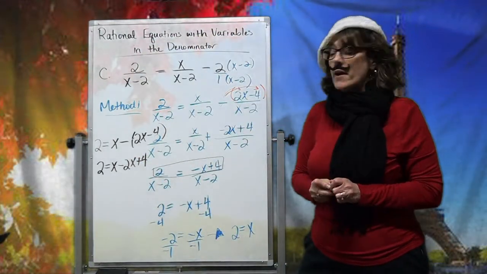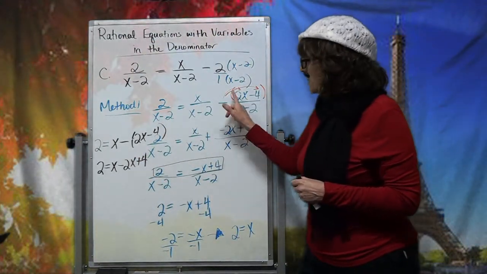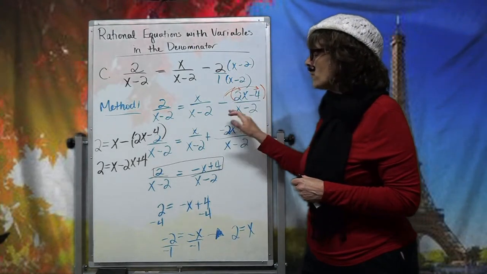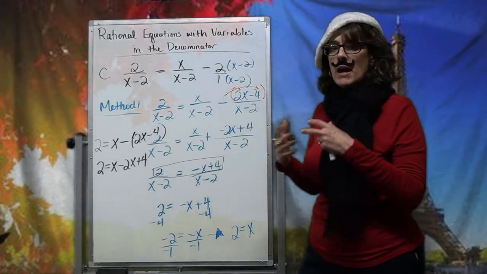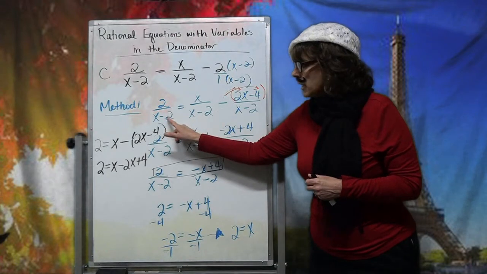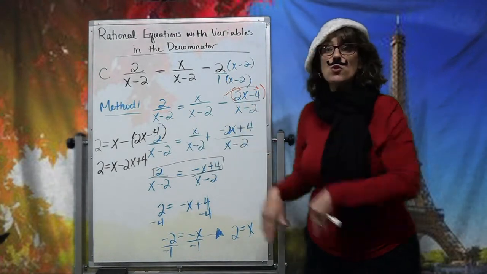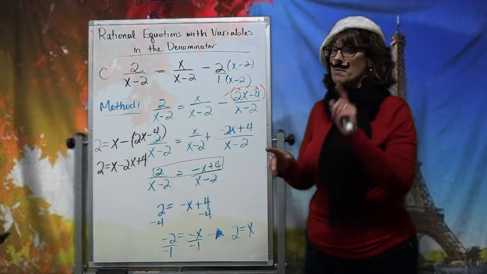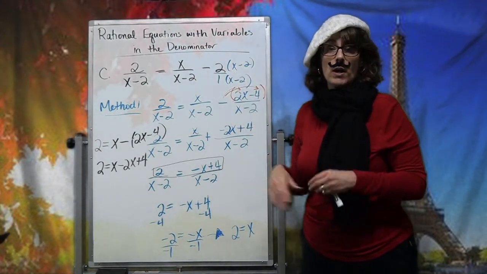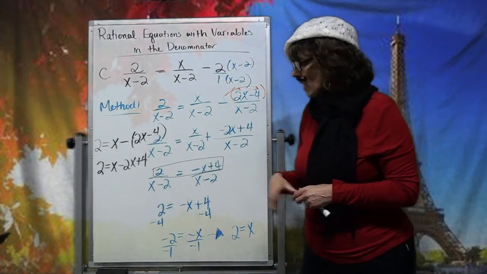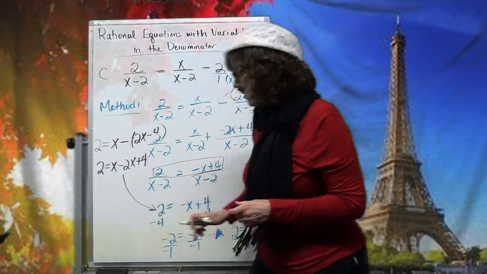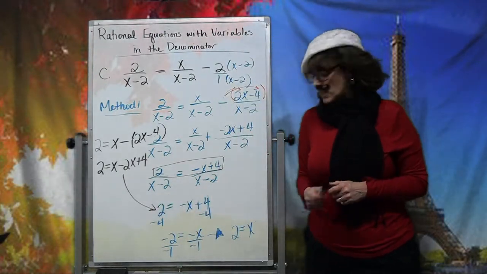Some people find that easier to deal with, because a lot of people get confused about distributing that negative through the numerator but not the denominator. So like I said, you are allowed to drop this denominator as soon as you get the common denominator all the way across. Then when I combine the x minus 2x, that sends me right down here. So that is a step that you can take.